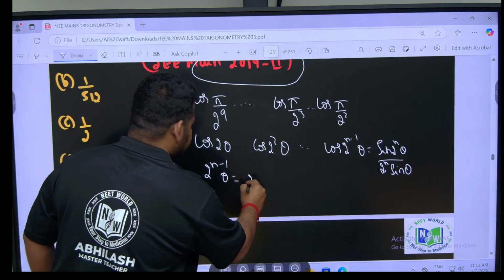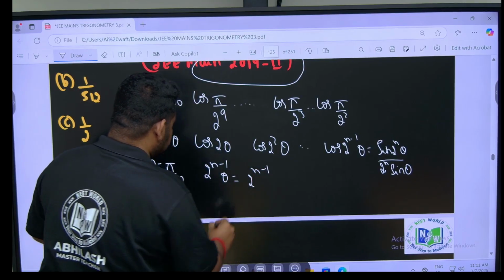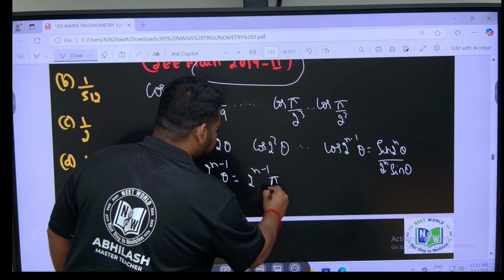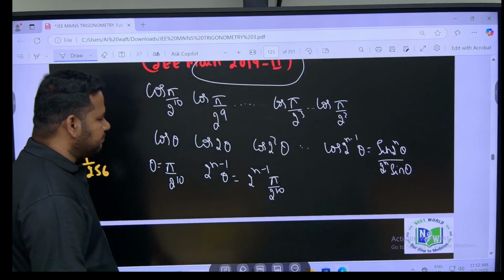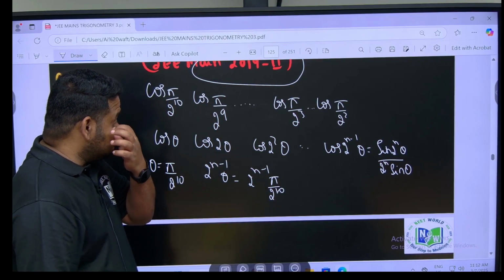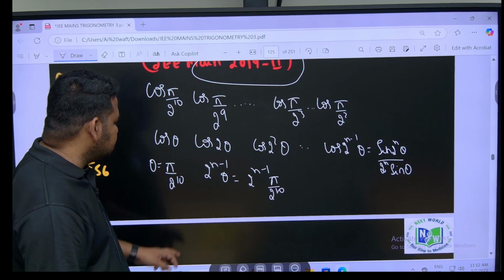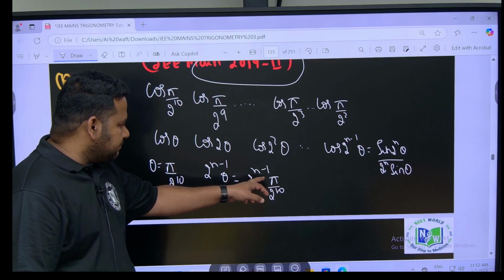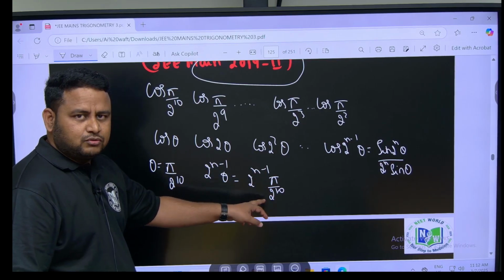That is pi by 2 to the power of 10. So 2 to the power of n minus 1 into theta is 2 to the power of n minus 1 into pi by 2 to the power of 10.